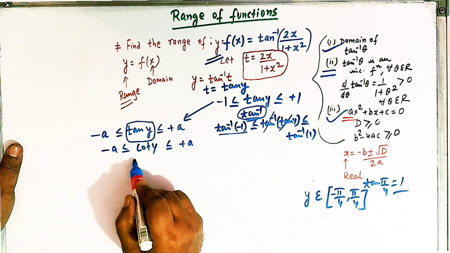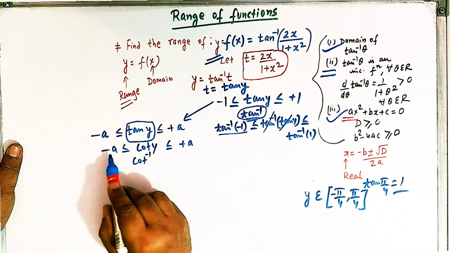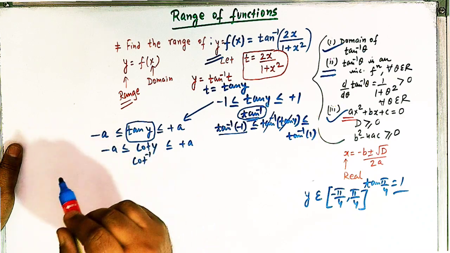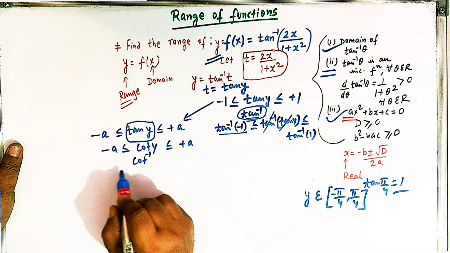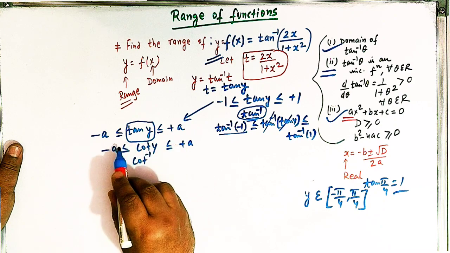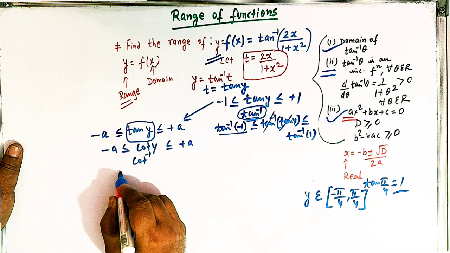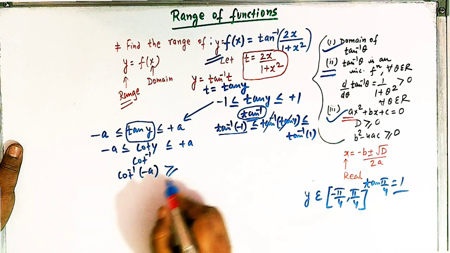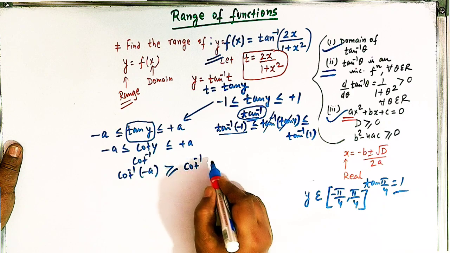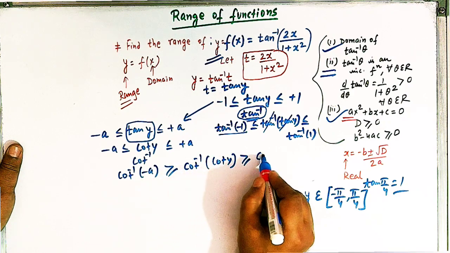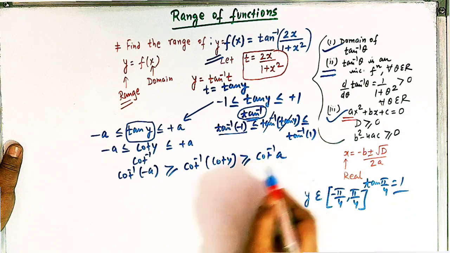Now if we take the cot inverse of all these three numbers, then the direction of the inequality gets reversed, right? So the moment we take the cot inverse of these three numbers, the direction of the inequality gets reversed. So we'll write cot inverse of minus a greater than or equal to cot inverse of cot y, and here we have cot inverse of a, right?